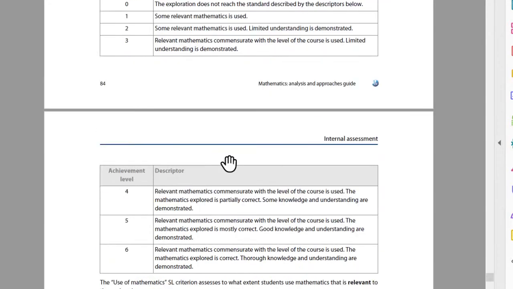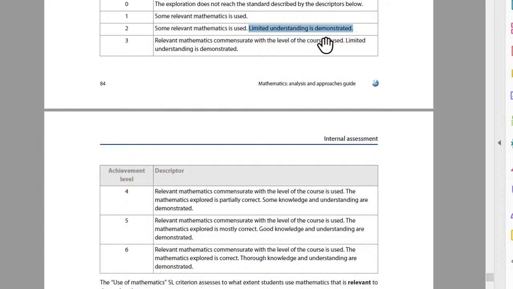So at the SL level, some relevant mathematics is used. Limited understanding is essential. What I think might give, it may be limited.